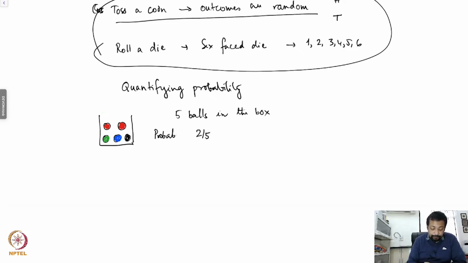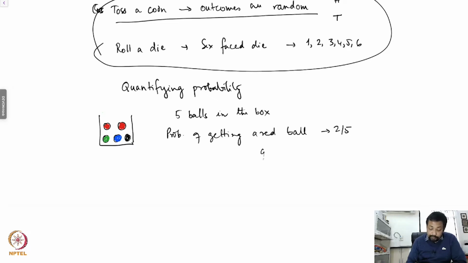Probability of getting a red ball is 2 out of 5.